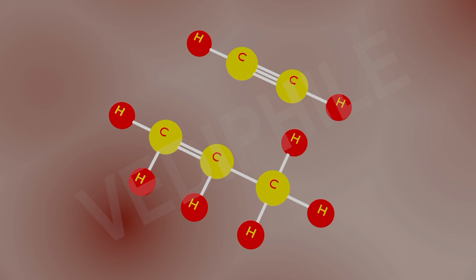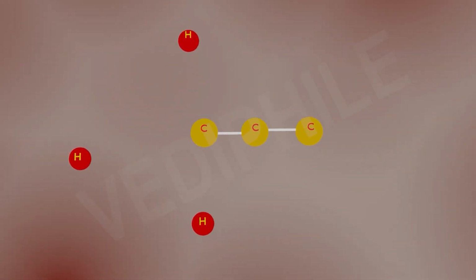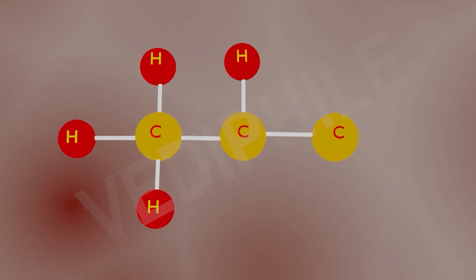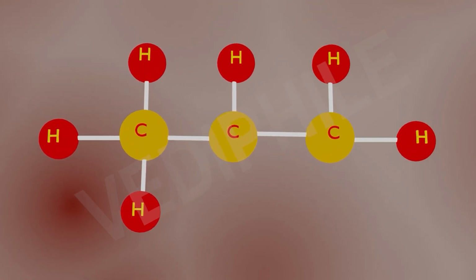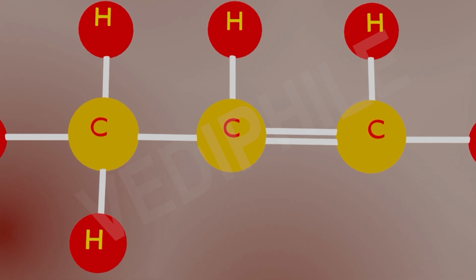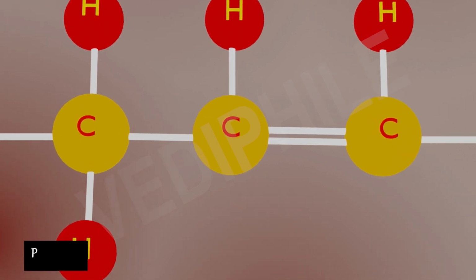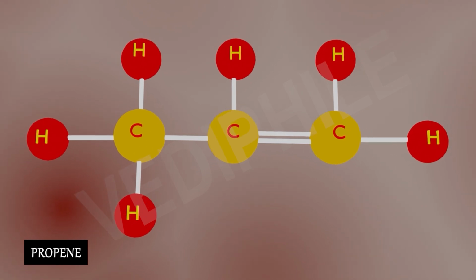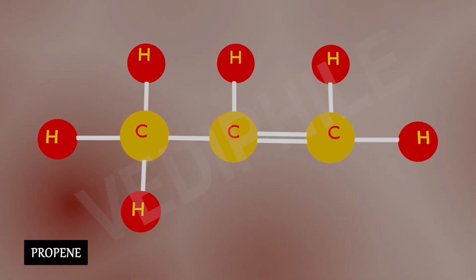For example, if we see this carbon compound, it has 3 carbons and it has a double bond. So it is not called propane. It is called propene. So -ane is substituted by -ene.